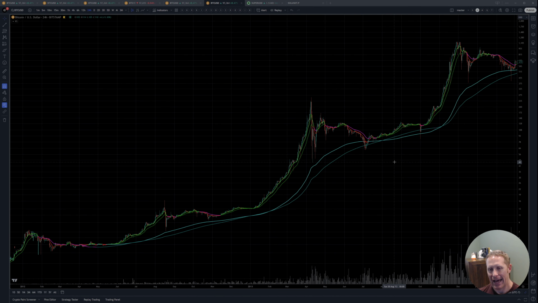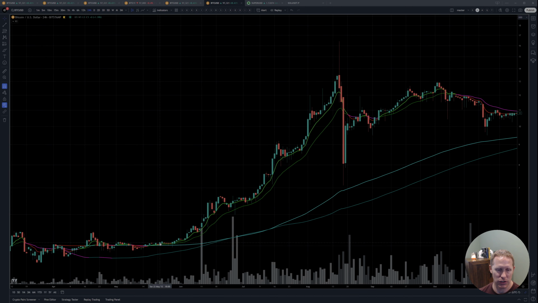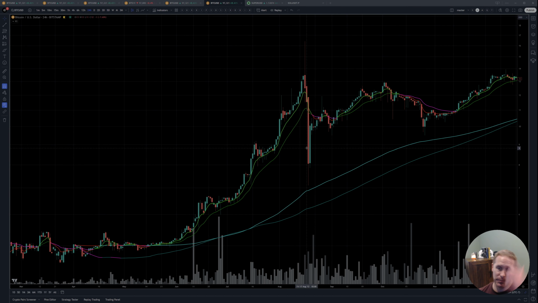So using that as the macro trend, the next piece that you would look at would be the 8 EMA and the 21 EMA. The concept is the exact same. We have a light green for the EMA, we have a darker green for the SMA when they're both sloped up. And you have the same concept here, which the idea is when, excuse me, I misspoke.